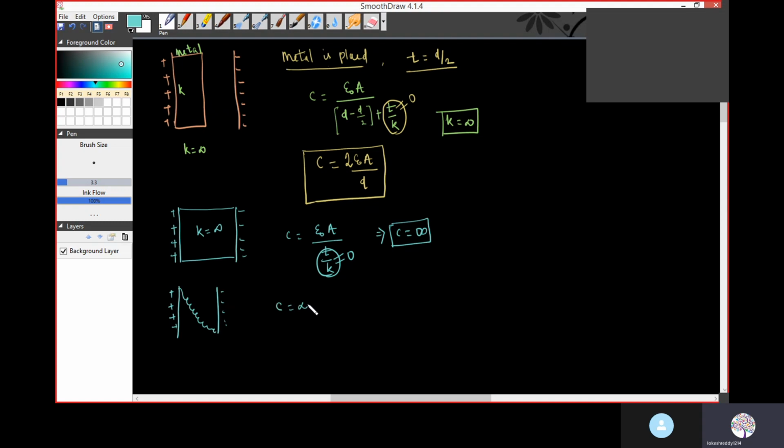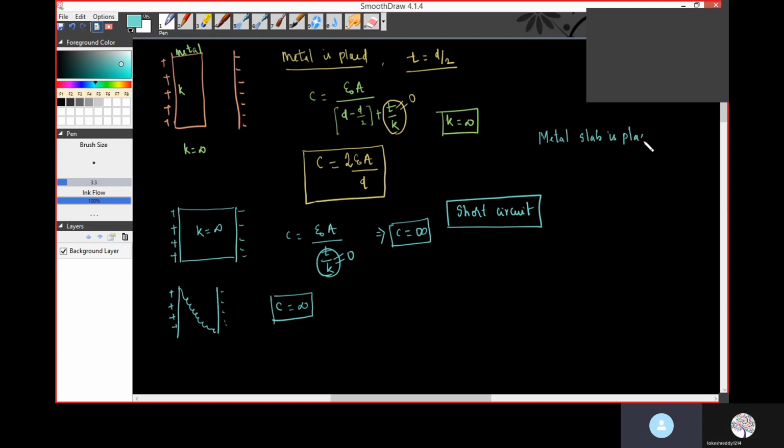Then also we say C is infinity, because we say this is short circuited. So these are the concepts we need to remember when a metal slab is placed in between.